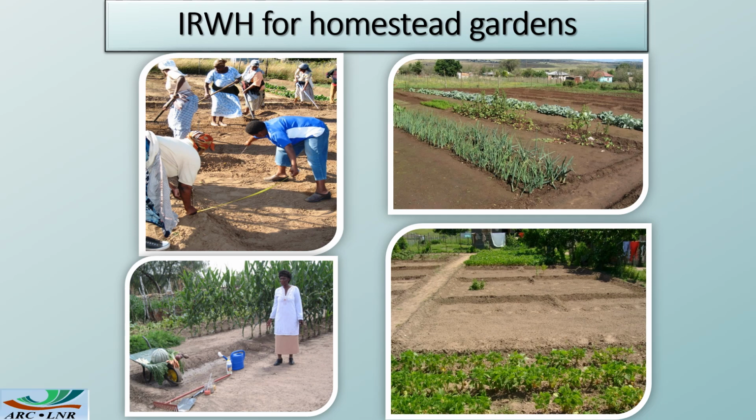These are a few pictures to show you the homestead gardens in our communities. On your top right hand side, you can see the different crops: onions, carrots, beetroot, cabbage.